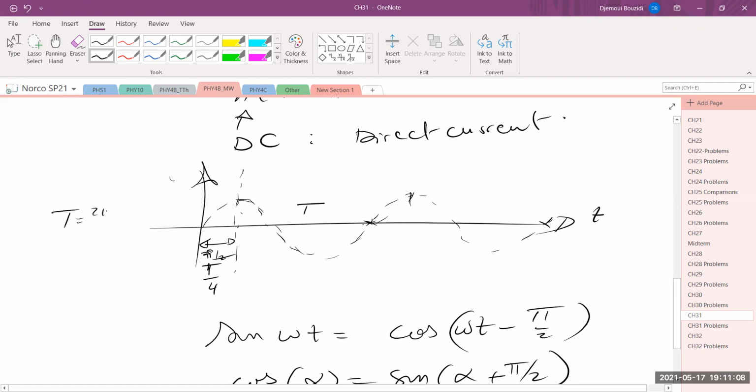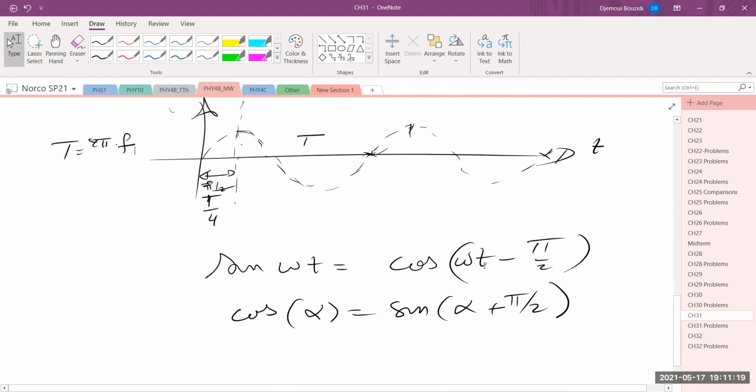Remember, T is equal to 2 pi over omega, I'm sorry, which is equal to 1 over f.